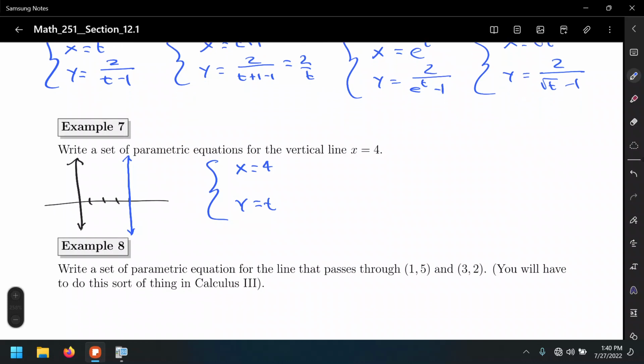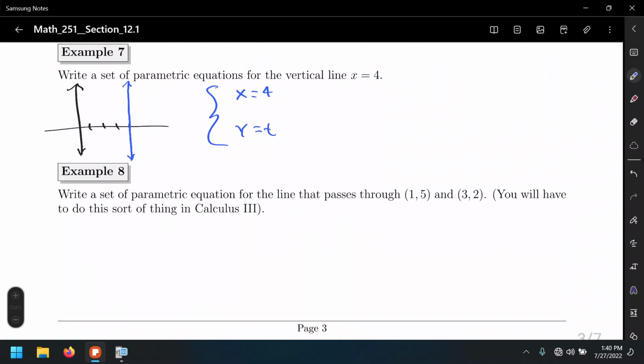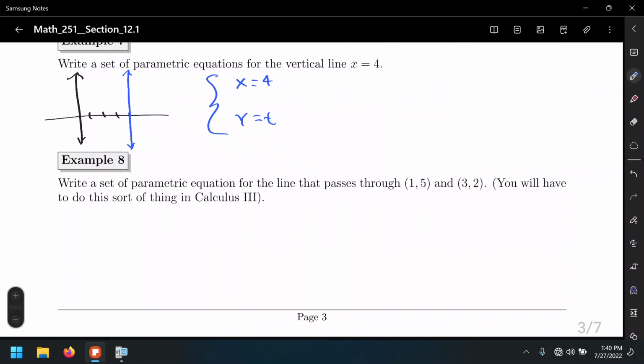Now on another kind of situation, we are asked to find a set of parametric equations for a line that passes through two points, (1,5) and (3,2). We're going to do a lot of this in Calc 3 next semester.